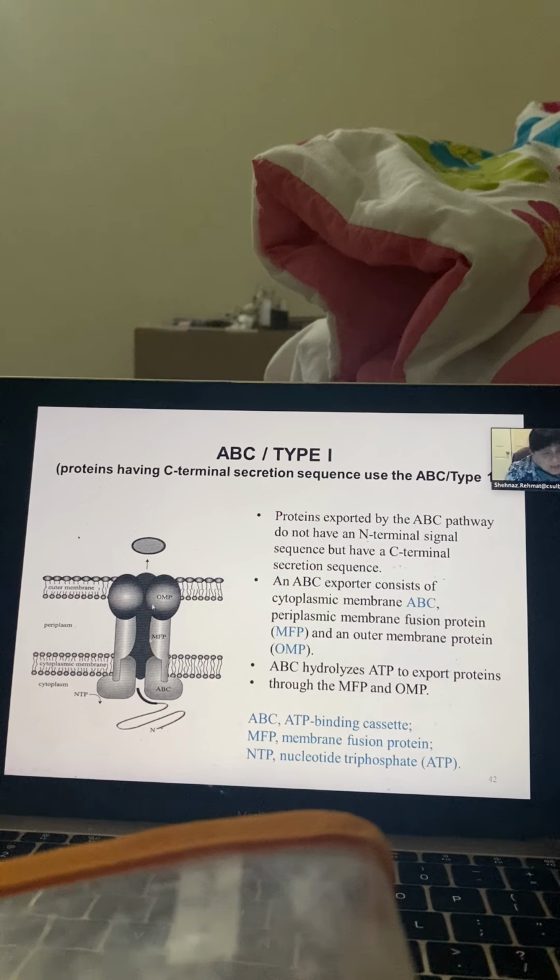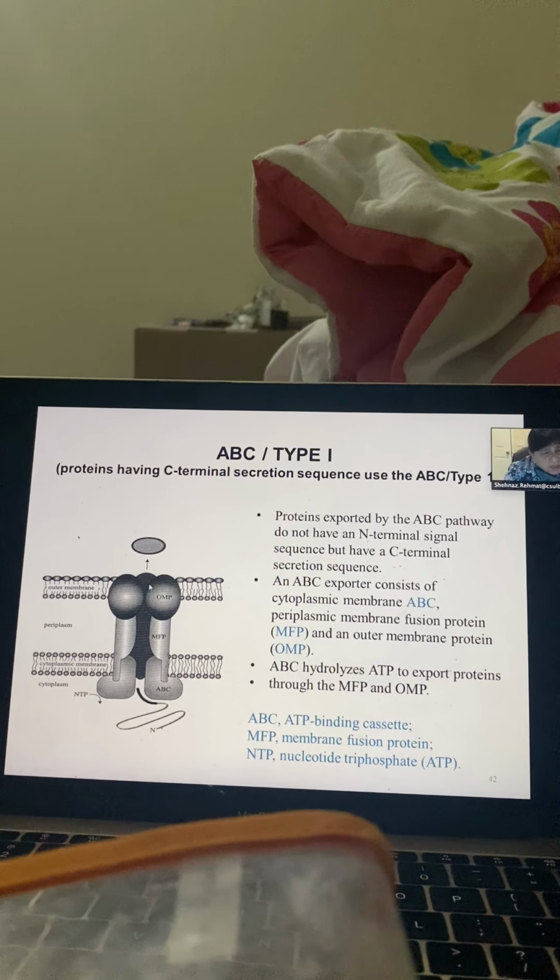In this case, the channel is formed through the two membranes directly. Okay? There's a membrane fusion protein that connects the outer membrane proteins to the ABC system in your cytoplasmic membrane. So the protein is being brought in through the ABC system, and across the membrane fusion protein they will go.